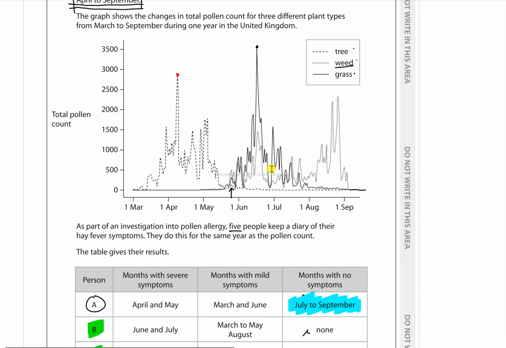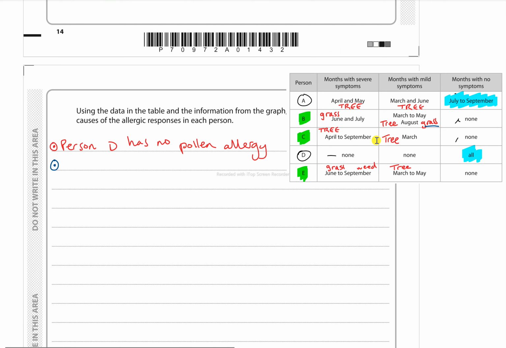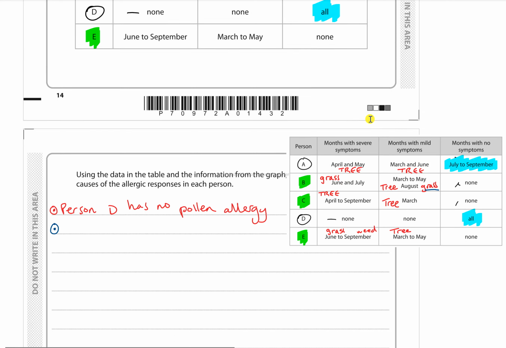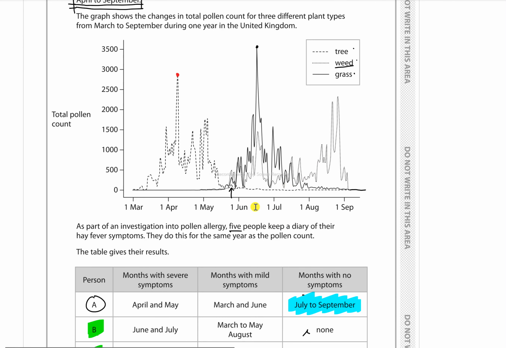So grass peaks for person B. Person B, you've got severe June to July, which is grass. Where's June, July? Right, it's grass and weed.